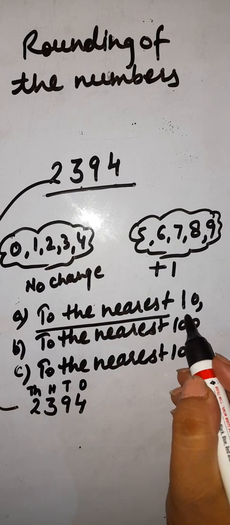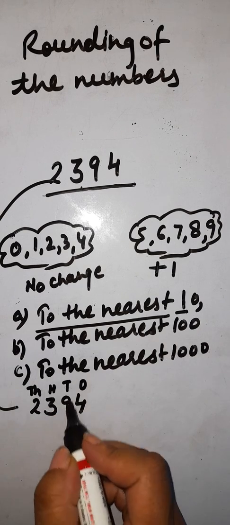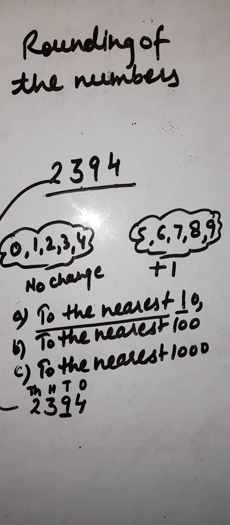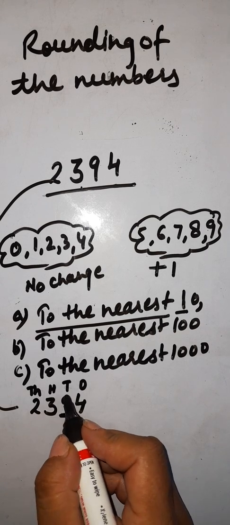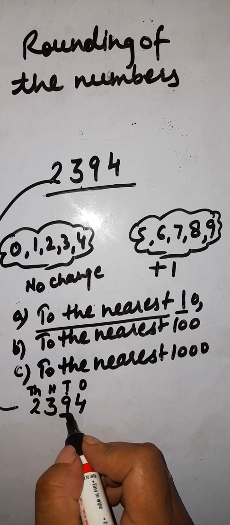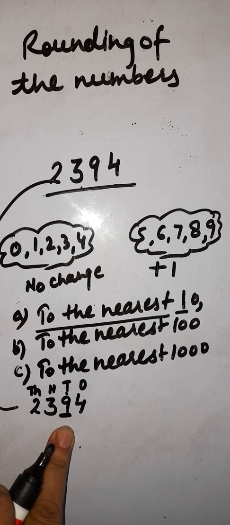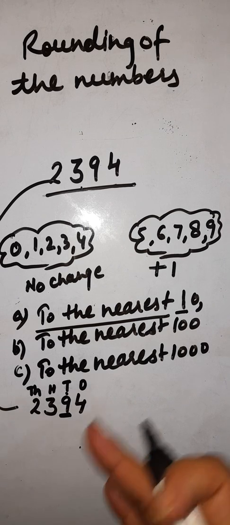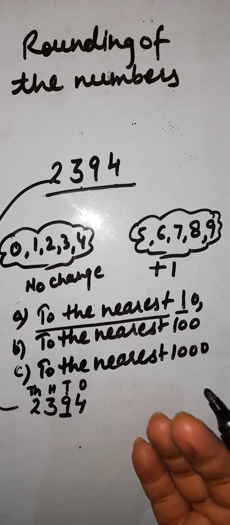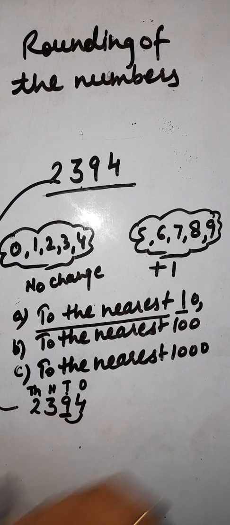First we have to round the number in the tens place. So this digit is in the tens place. Now what we said earlier, just look at its next digit, its ones place. जिस भी digit को हमें round off करना है, tens place को हमको round off करना है पहले. So we will look at its next digit, its right side digit. So it is 4. Fine.